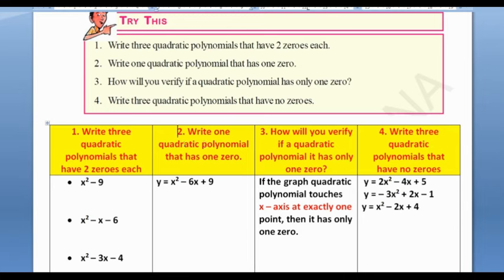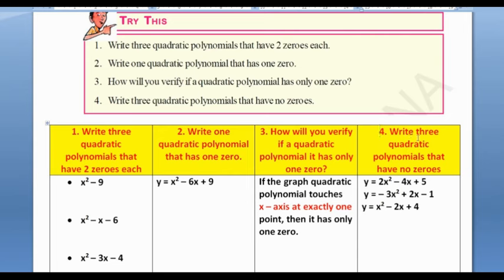Second one, write one quadratic polynomial that has one zero. So y is equal to x square minus 6x plus 9 is a quadratic polynomial, and that one zero is 3. How will you verify that a quadratic polynomial has only one zero? If it has only one zero, the graph should touch the x-axis at only one point.